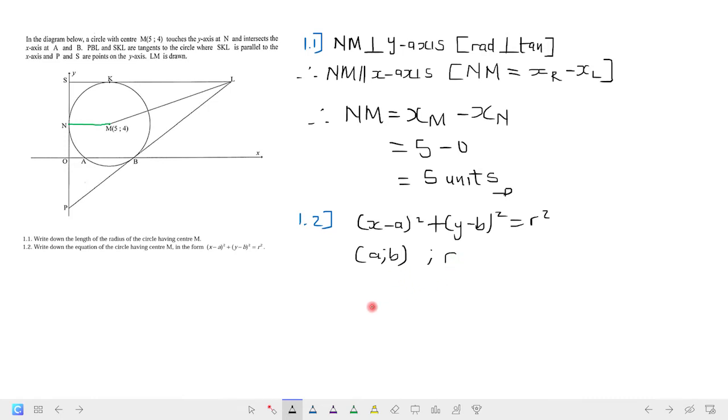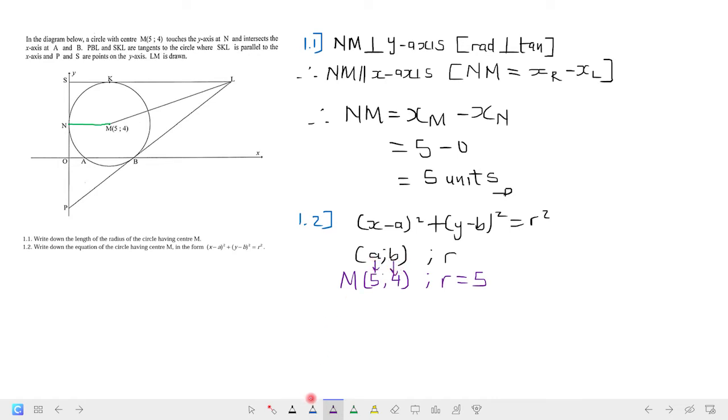Now here we see that we already have the center. What is the center? The center is (5, 4), right? And what about the radius? The radius is 5 units because it is MN. So if you substitute these values, you can see that a is 5 and b is 4.